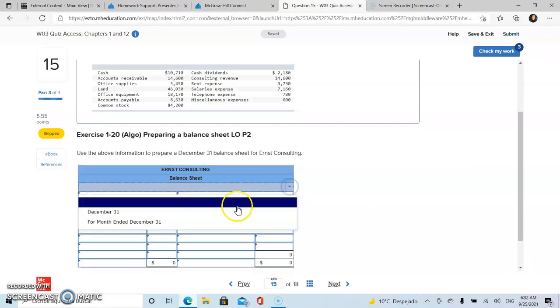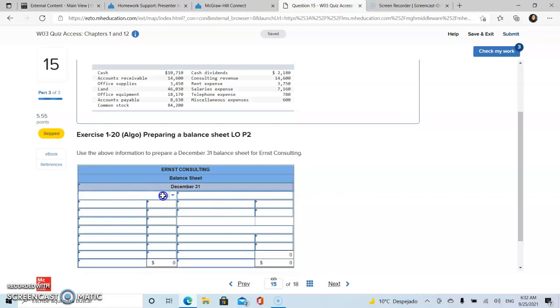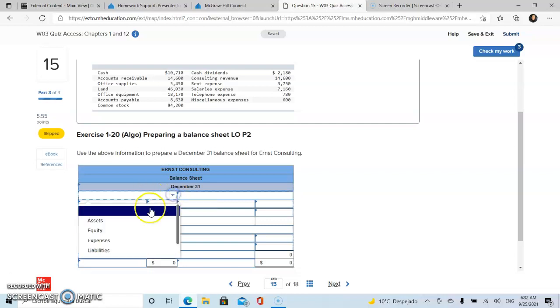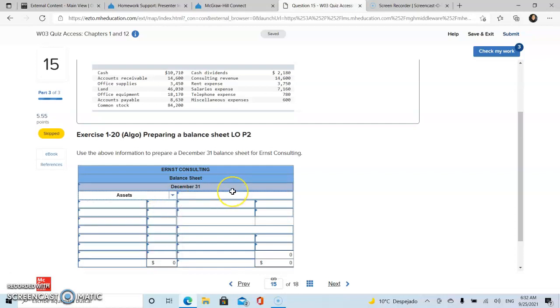So we're gonna go ahead and choose December 31st because it's for that day. And then on the left side of our statement, we are going to put our assets. Our assets are the resources a company owns or controls. So we are going to put, first of all, cash. As we can see, we have cash right here.